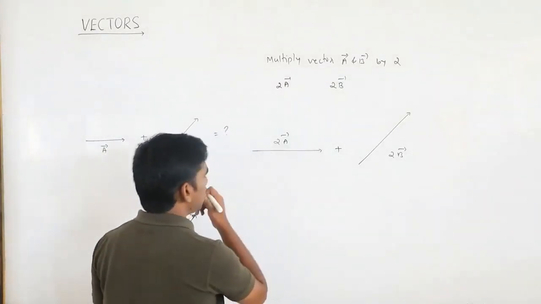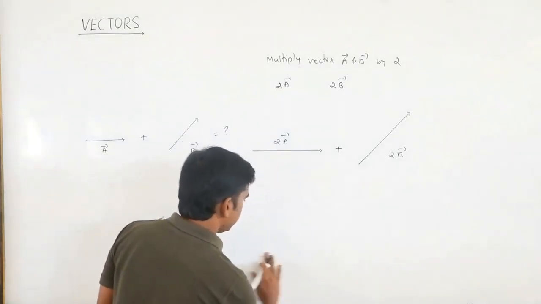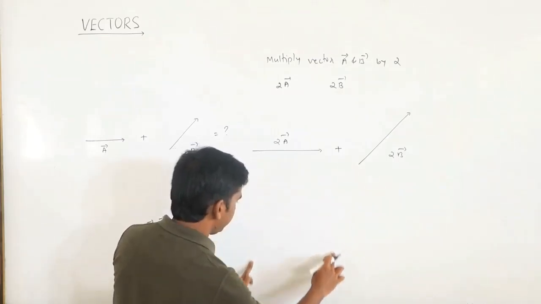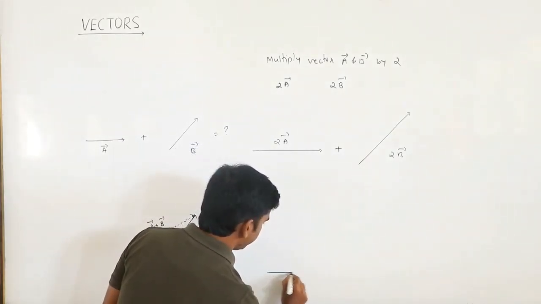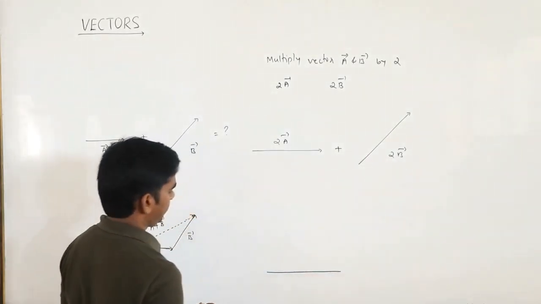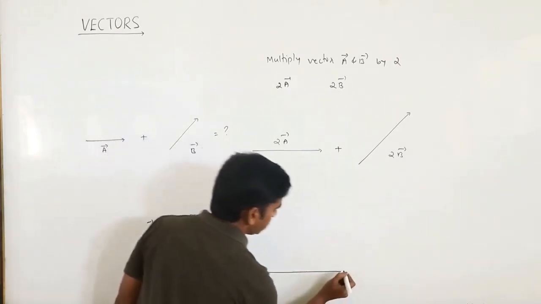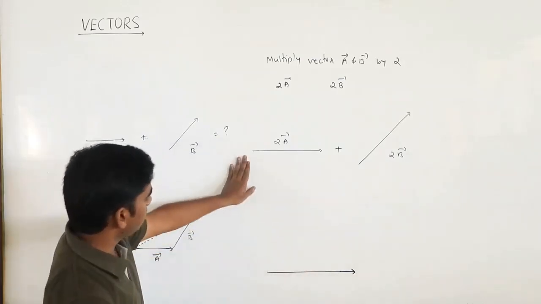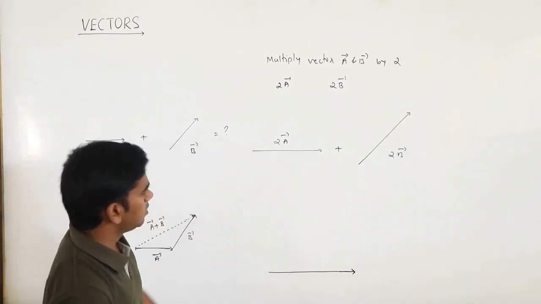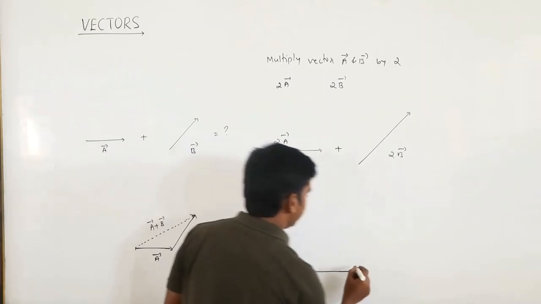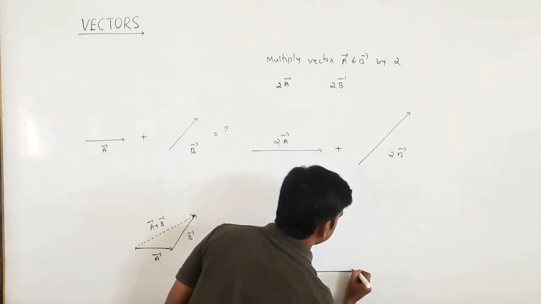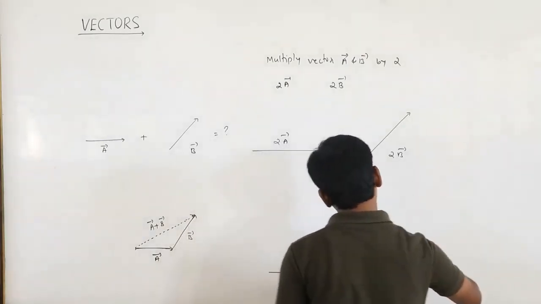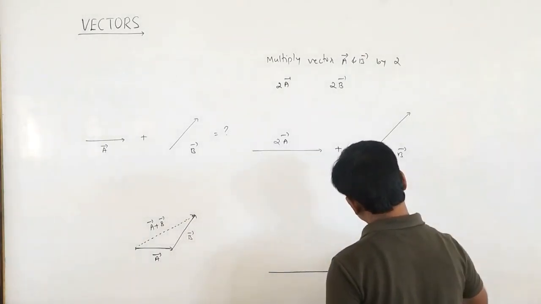So 2A, I will take this vector over here. This is your 2A. This is your 2B, from here to here. So 2B is going to be here, in this way.